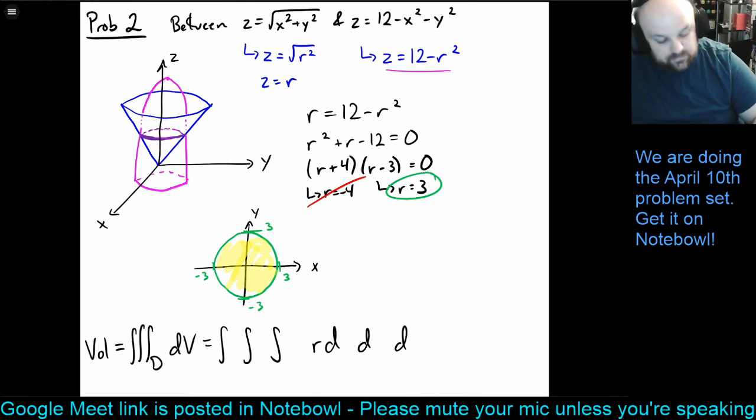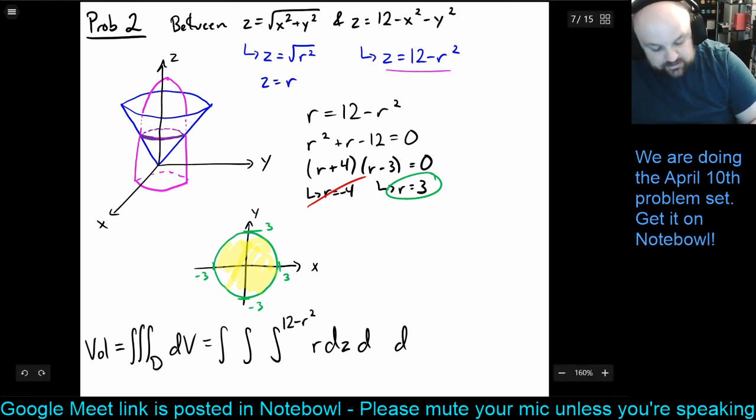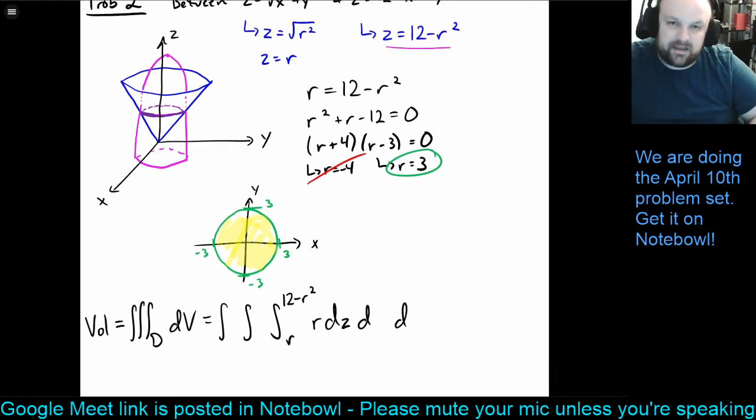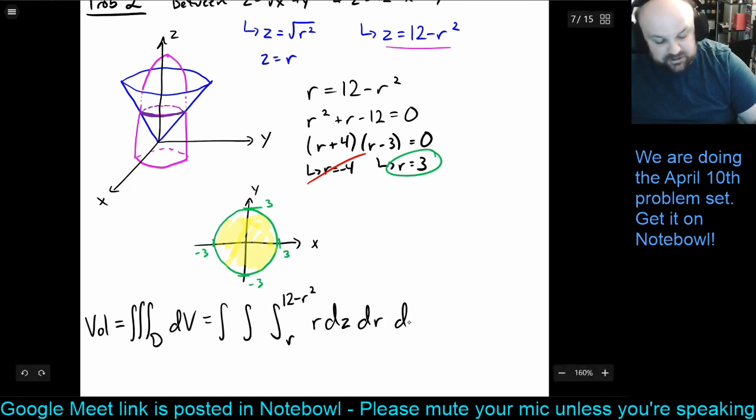So let's just do z first then. The top shape is the paraboloid, so we get 12 minus r squared on top. The bottom shape is the cone, so we just get an r on the bottom. And for the other two, it actually isn't going to matter the order, so we'll just keep the usual dr d theta order.